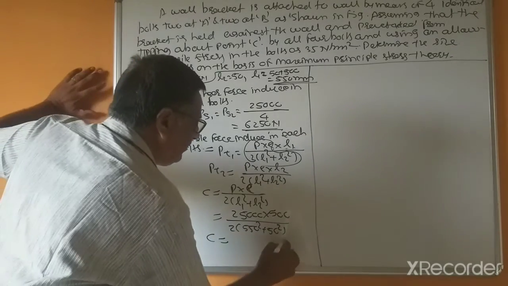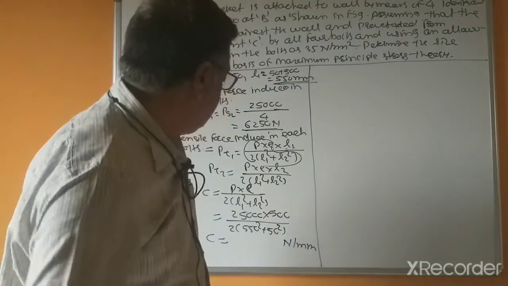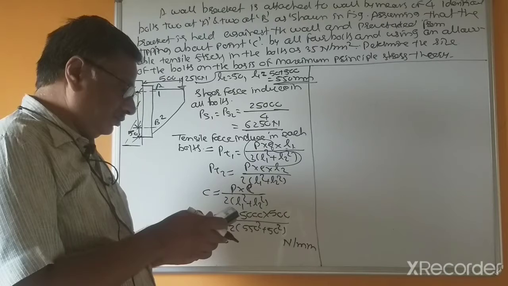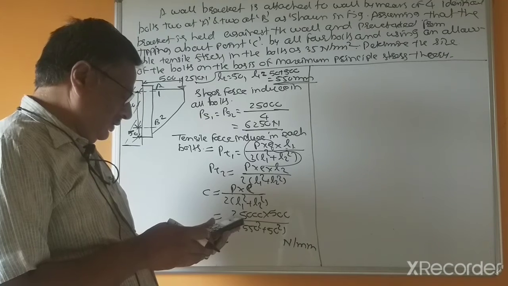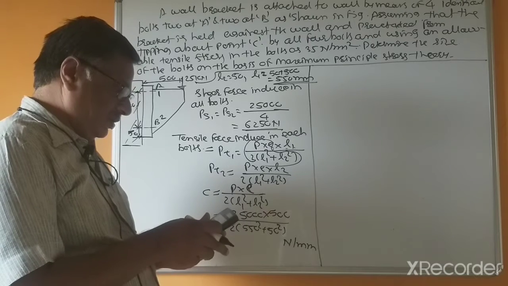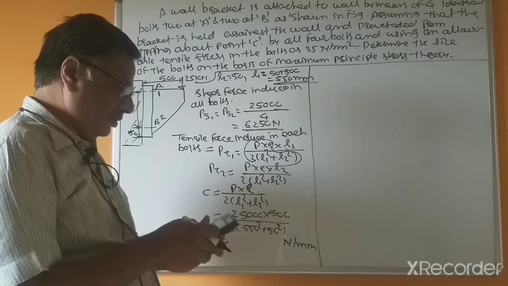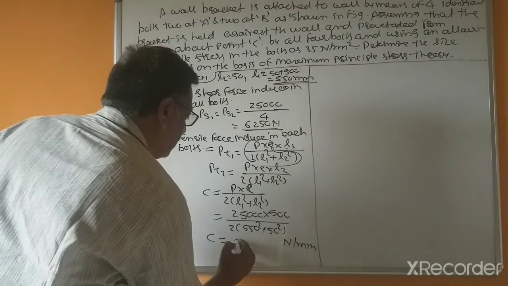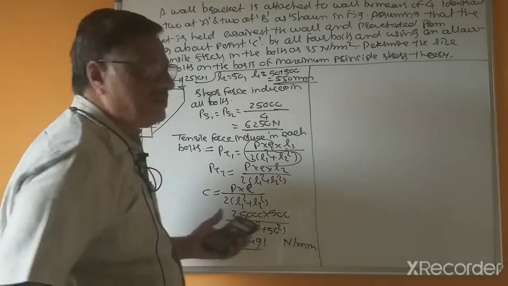Now the value of C, you get in terms of Newton per mm, multiplied by, divided by, this is equal to 20.491. C equal to 20.491.